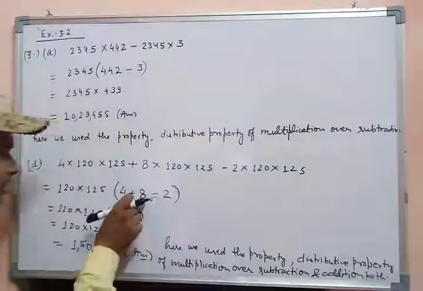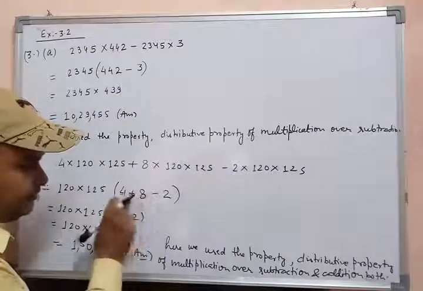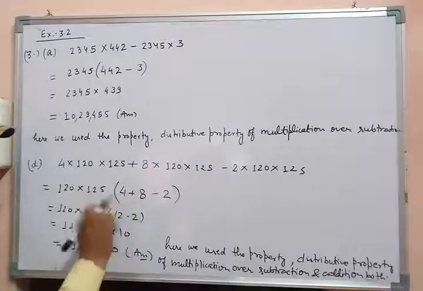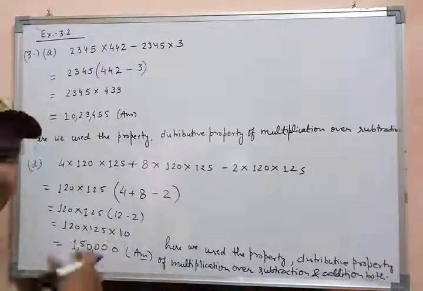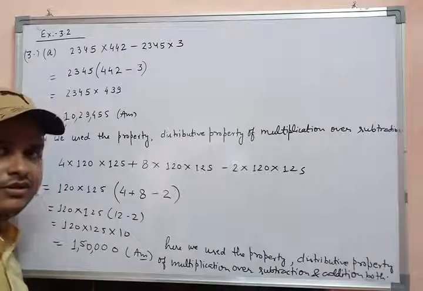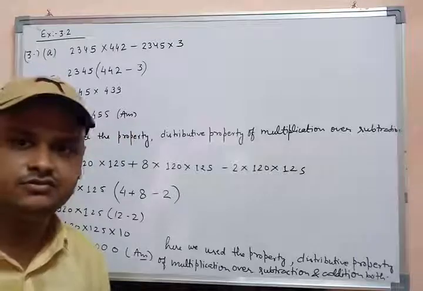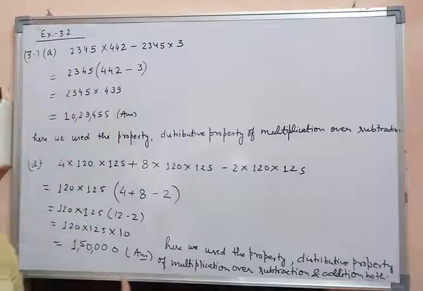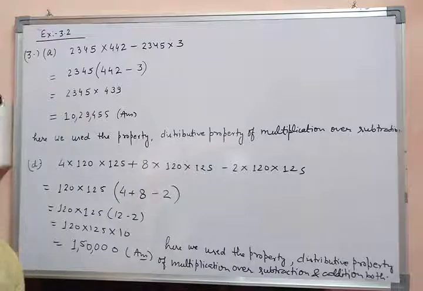Because here this number is added and this number is subtracted from this addition, we used both properties, that is the distributive property of multiplication over subtraction and addition. So students, before moving on to the next question, pause the video to note it down in your copy or take a screenshot.